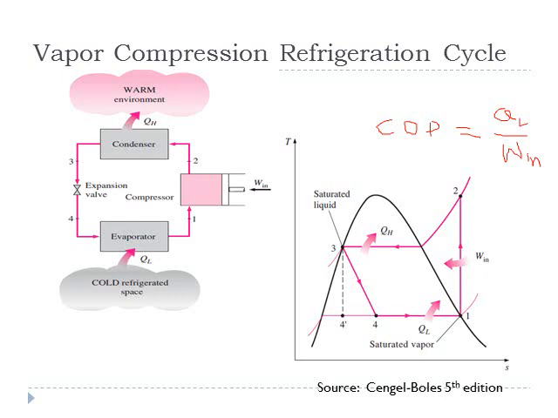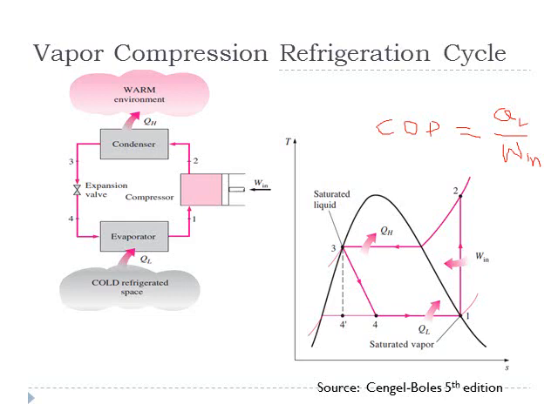As I said, the area under a line on TS diagram represents heat exchange value. So the area under line 4 to 1 gives us the heat absorbed from the refrigerating space.